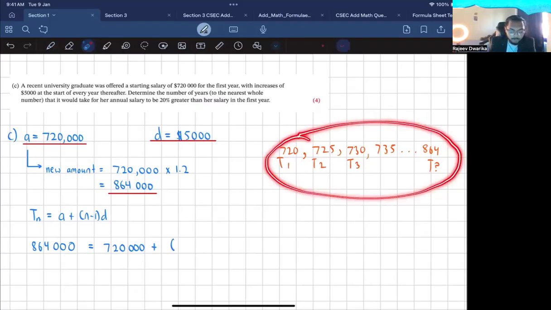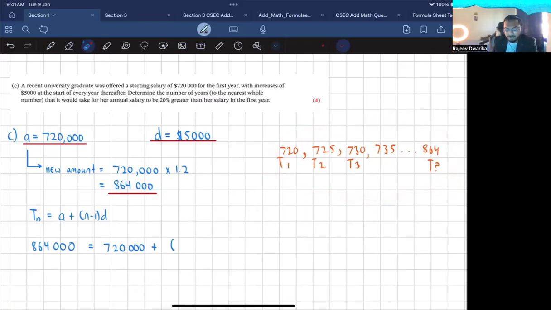No. Kiara, a way to understand: this is the first term, this is the second term, this is the third term. Do we know what term this is that would give us 864? No, so we had to leave that as a blank. That's gonna be n. Right? So n minus 1. And what is the common difference? 5,000. Right.